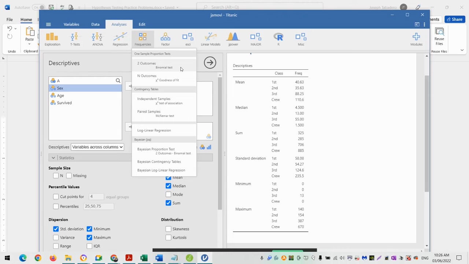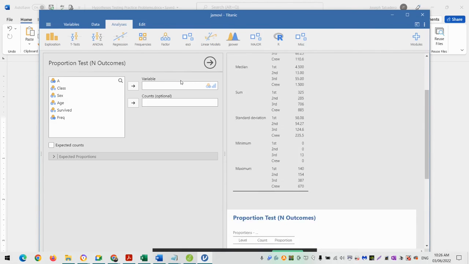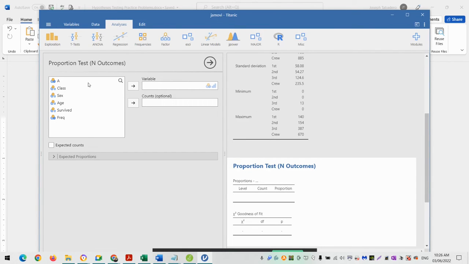Yung binomial test na ito, na kung naalala nyo, meron tayong z-test noon. So this time, kapag meron naman tayong N outcomes, meron na tayong chi-square goodness of fit test that is based on the chi-square distribution. So if you click on this one, lalabas itong nandirito sa kaliwa na tinatawag na proportion test of N outcomes, which is another name for the chi-square goodness of fit test.